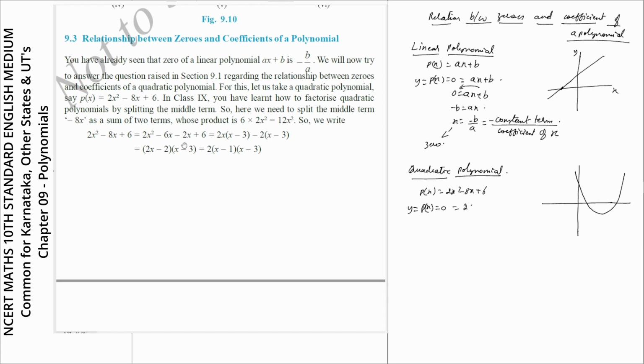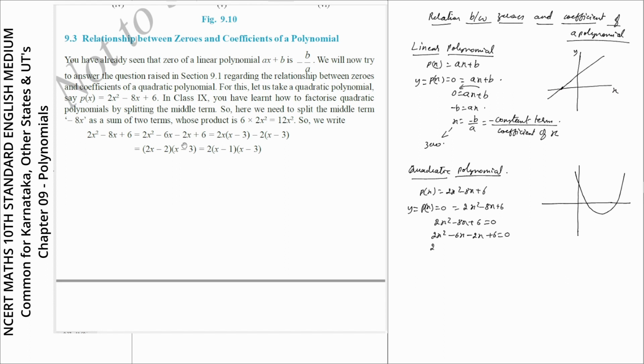So 2x square minus 8x plus 6 is equal to 0. Now I'll factorize the left hand side. 2x square, 8x I can write as minus 6x minus 2x. If I multiply, I should get 12x square, so it is correct. Plus 6 is equal to 0.